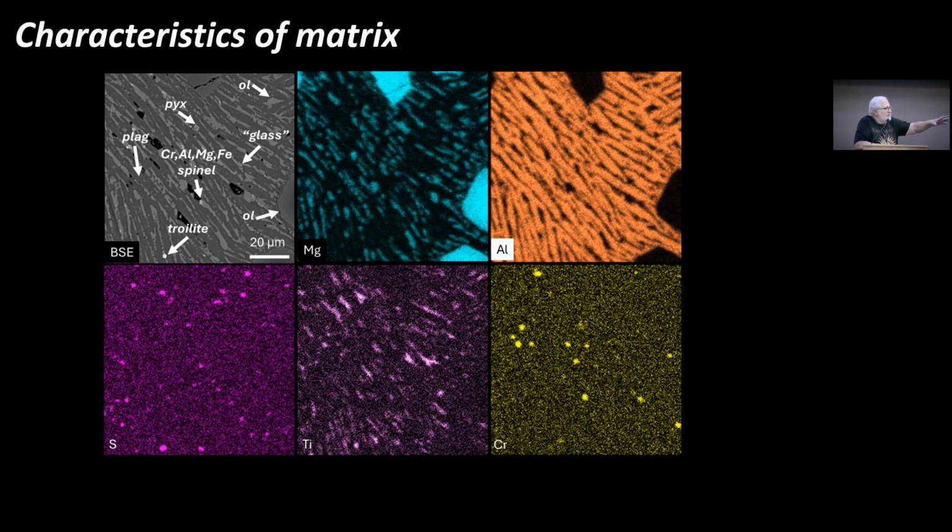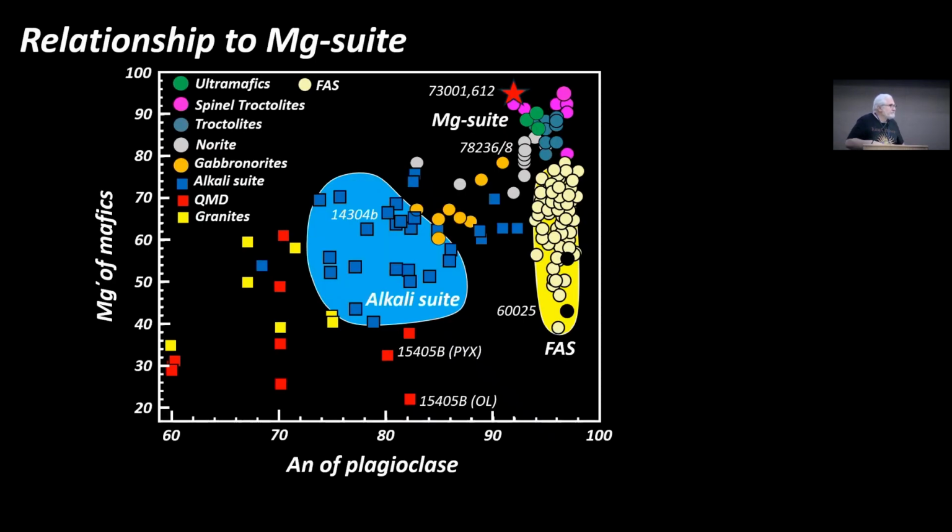This is an image that illustrates some of the characteristics of this matrix. Again, you have olivine as the first phase, followed by the crystallization of plagioclase, which partially mimics what you see in something like the magnesium suite.